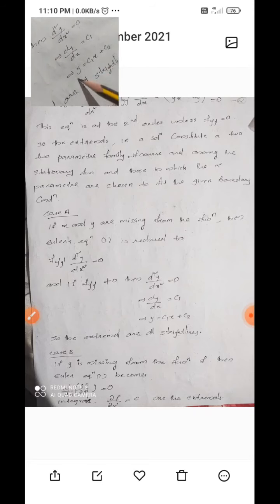Therefore y is equal to c1x plus c2. So the extremals are all straight lines.